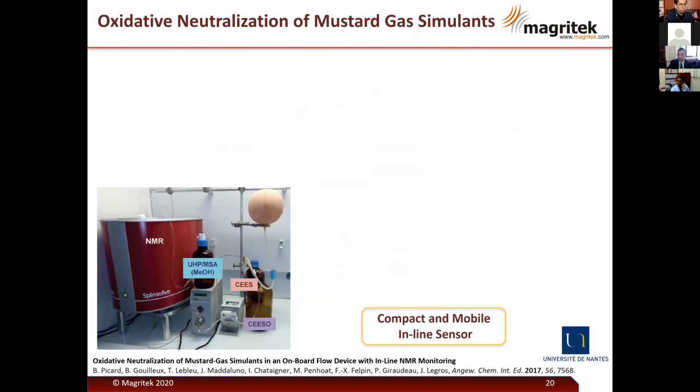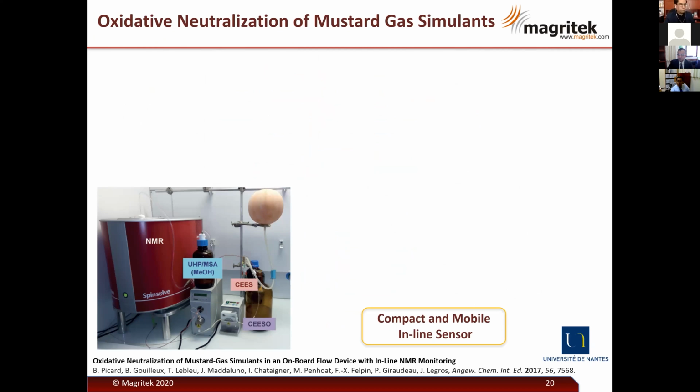All right, so this upcoming example showcases the use of benchtop NMR as a compact and mobile inline sensor for oxidative neutralization of a mustard gas simulant, from a group at the University of Nantes in France. Their goal was to develop a simple and portable continuous flow device, shown here in the picture, to effectively neutralize mustard gas chemical warfare agents using an inline benchtop NMR to monitor and adjust the reaction conditions in real time.